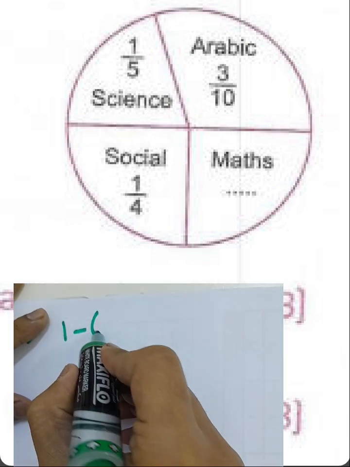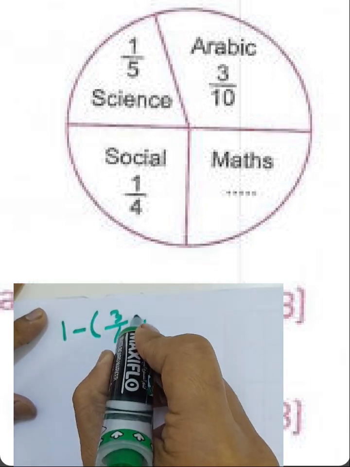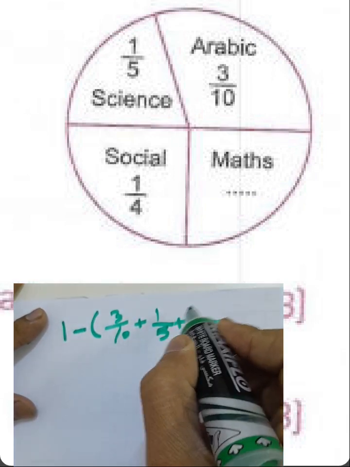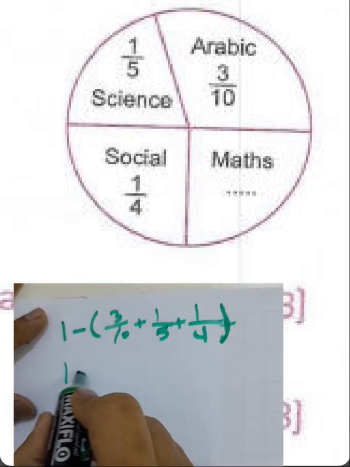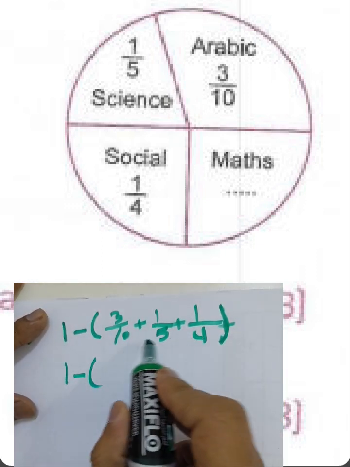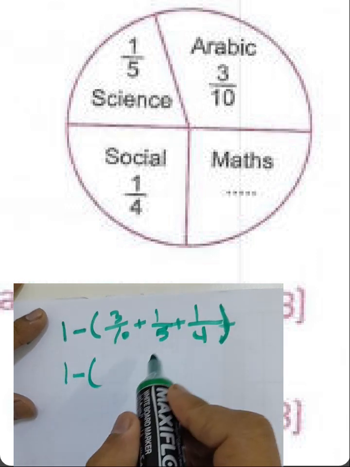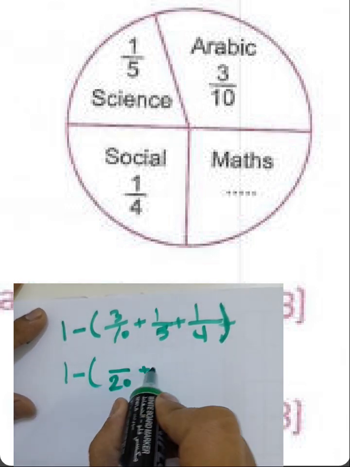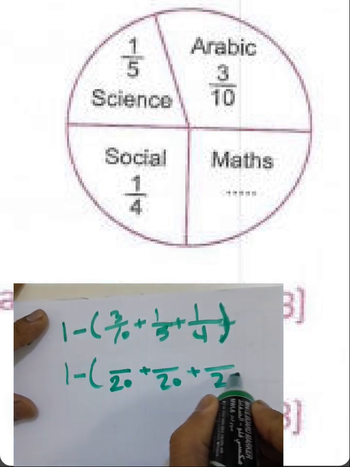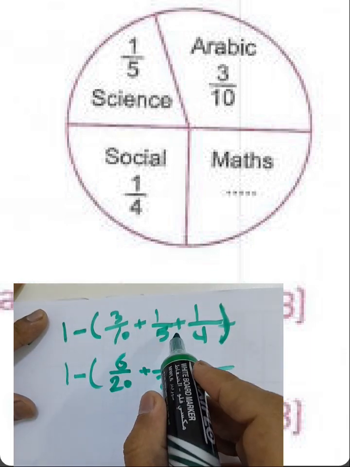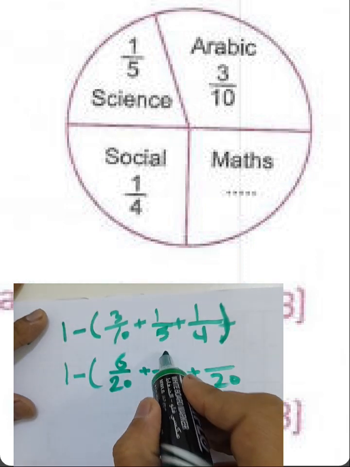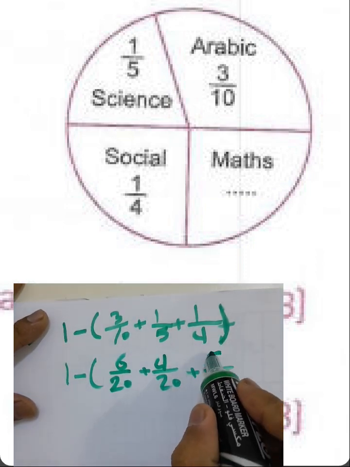Put 1, subtract 3 over 10 plus 1 over 5 plus 1 over 4. We want to find the missing fraction. You can write the least common multiple between 10, 5 and 4. It will be 20, right? 2 times 10 equals 20. 3 times 2 equals 6. 5 times 4 equals 20. 1 times 4 equals 4. 4 times 5 equals 20. 1 times 5 equals 5.